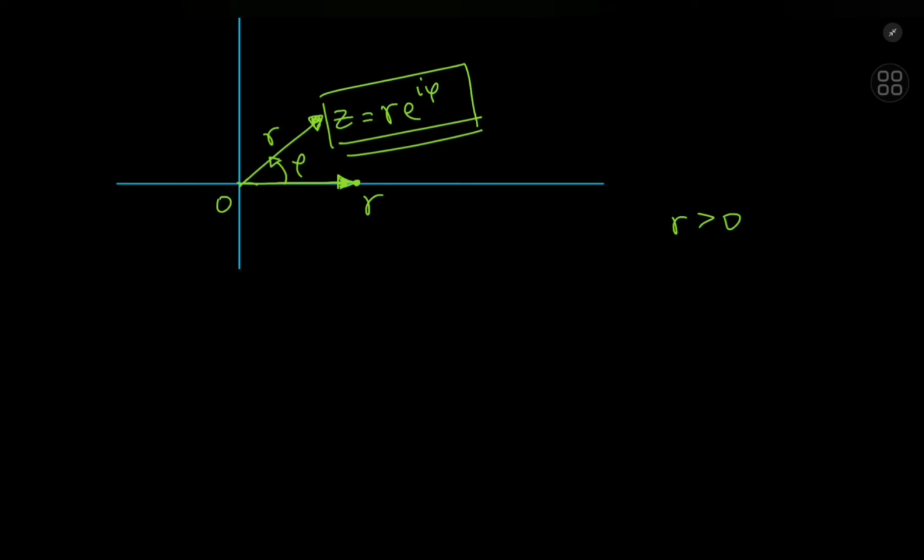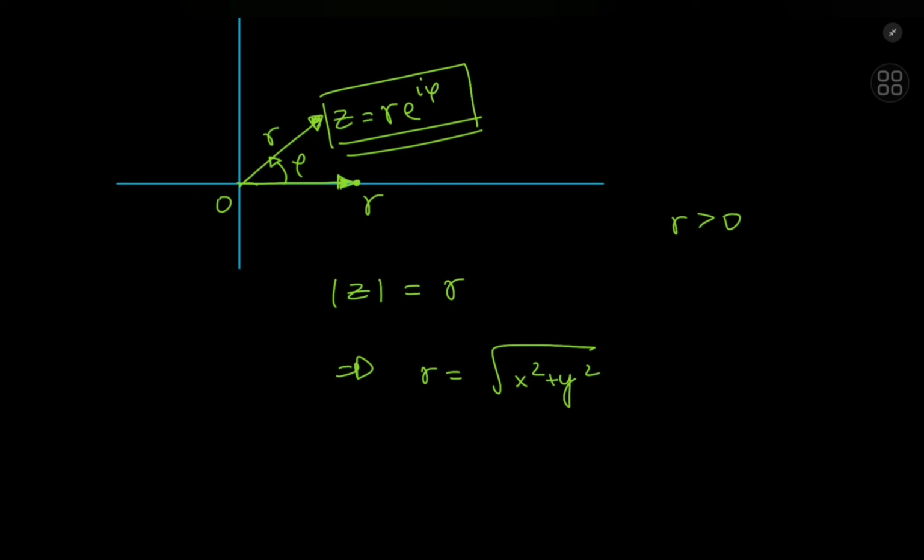But the length of any vector in the complex plane is the absolute value of that complex number. So that means r is just the modulus of z, which implies that r equals the square root of x squared plus y squared, where x and y are the real and imaginary parts of z. And that's pretty much it. That's all we have to say about r as a function of z.